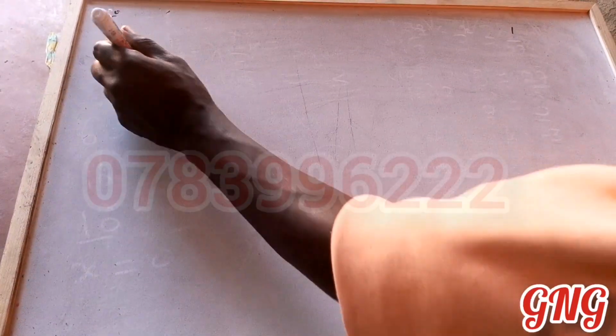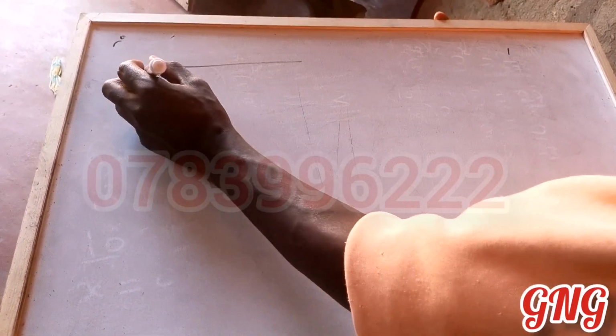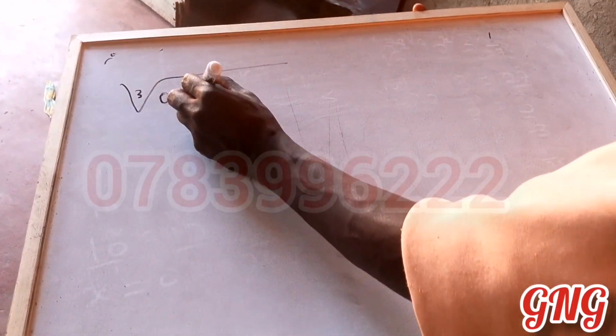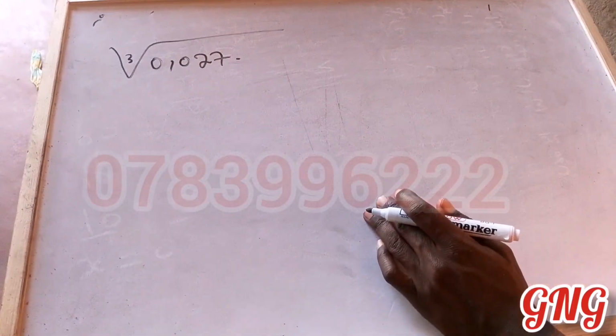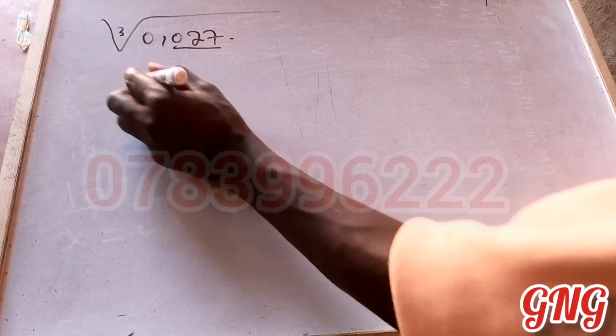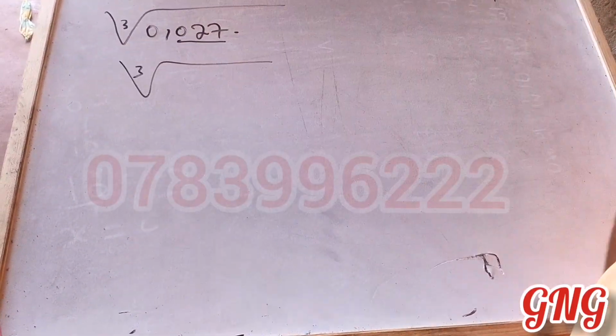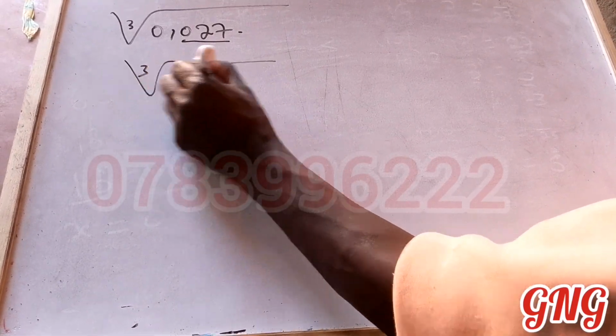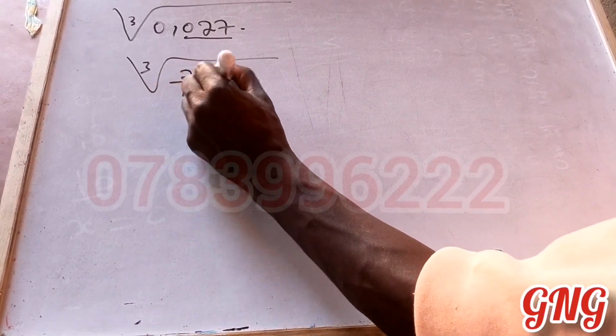Then also remember some like this one, the cube root of 0.027. So to solve this, the cube root, it's very simple, guys. Which number has 3 zeros? That's 1000. So you're going to say 27 over 1000.